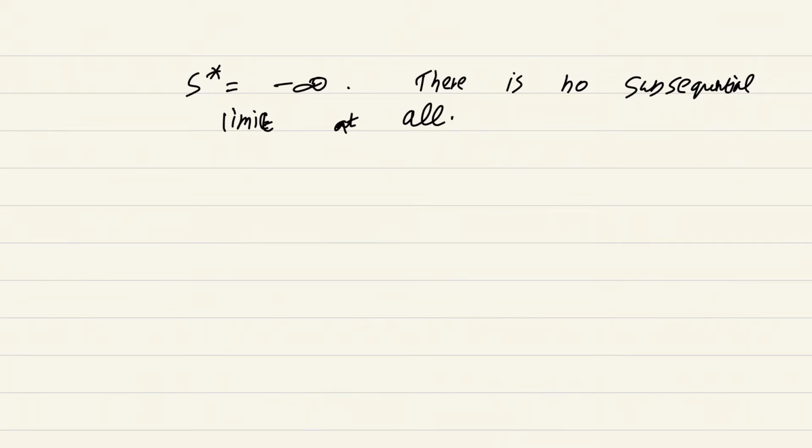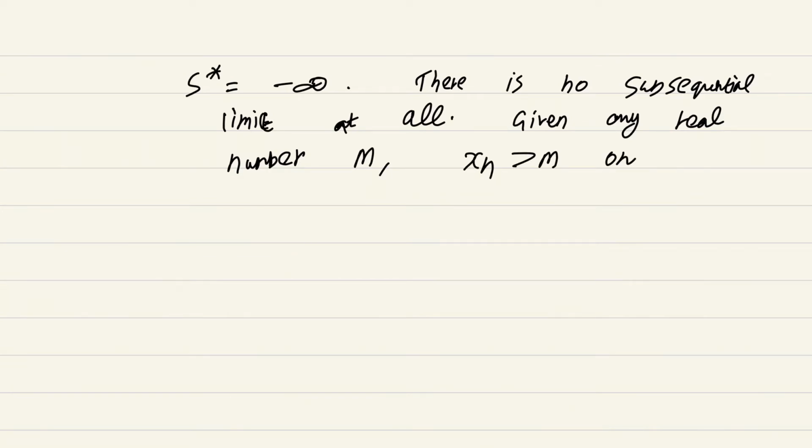Okay, that just means for given any real number m, xn is greater than m only for a finite number of values of n.